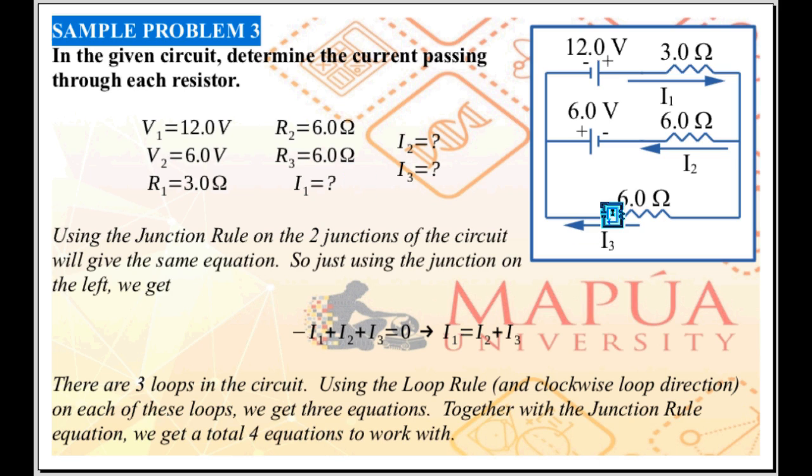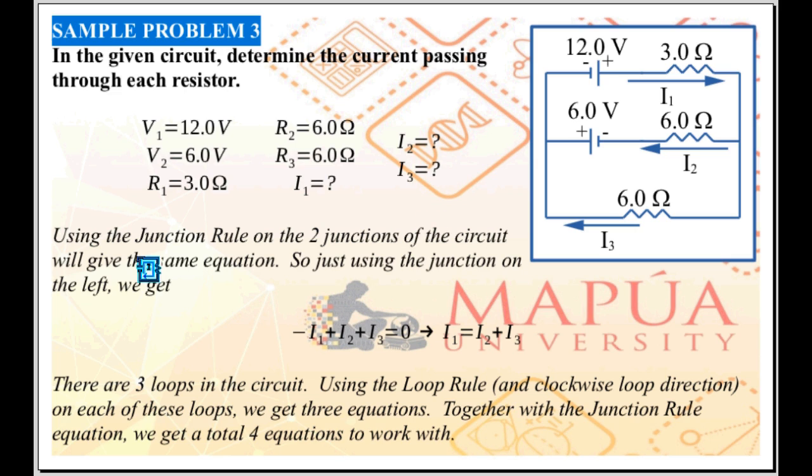Now, looking at the diagram of the circuit, we see two voltage sources, two power sources. That's an indication that we should use Kirchhoff's rules to analyze the circuit. And for Kirchhoff's rules, we have the junction rule and the loop rule.